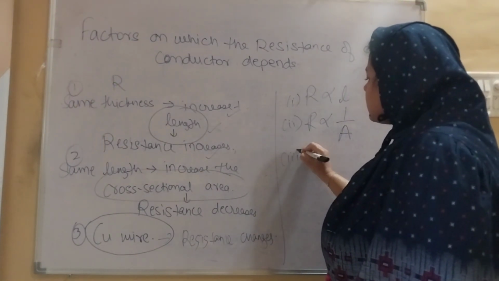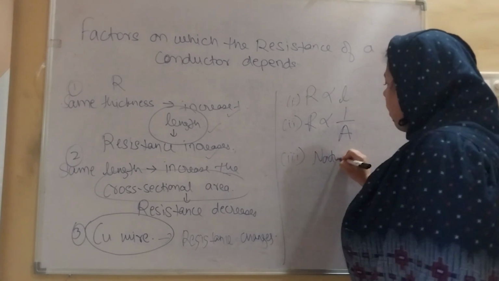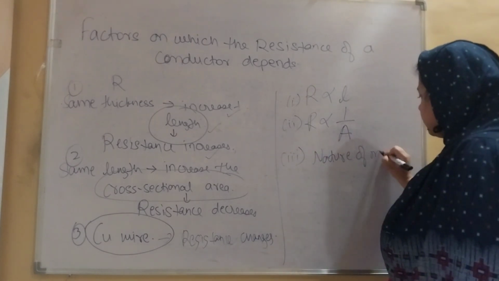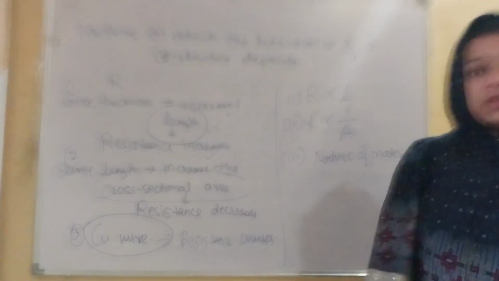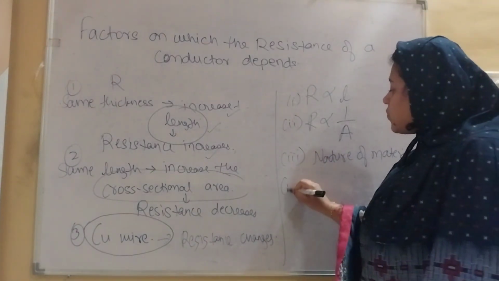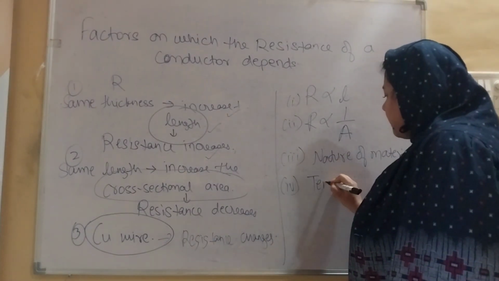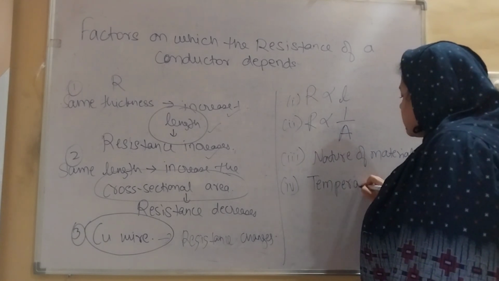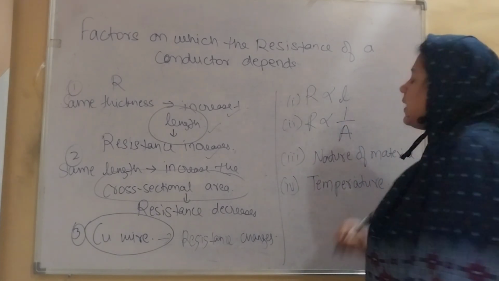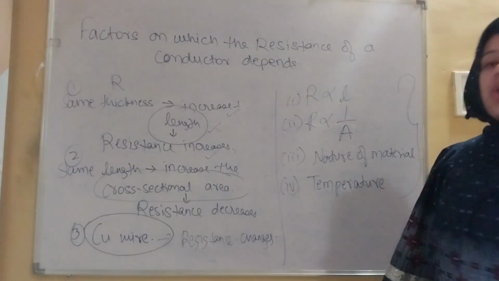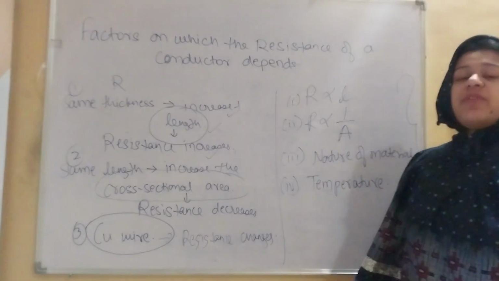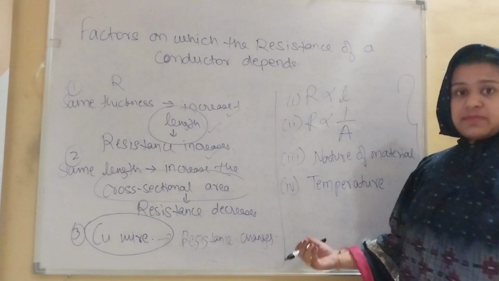Third, the resistance depends on the nature of material. And fourth, there is one more thing, which is the temperature. The resistance also depends on the temperature. So these are the four factors on which the resistance of a wire depends.